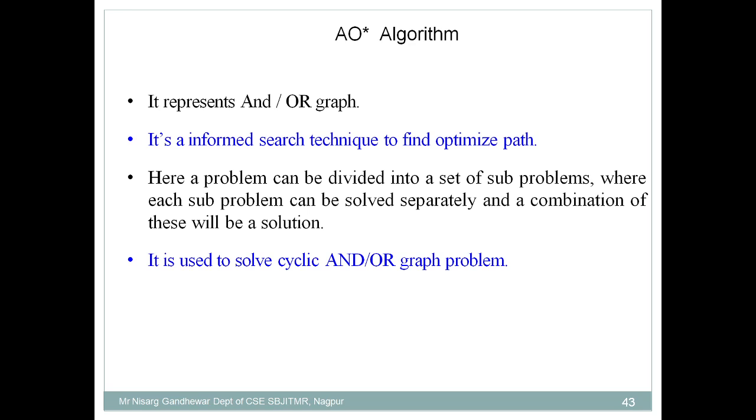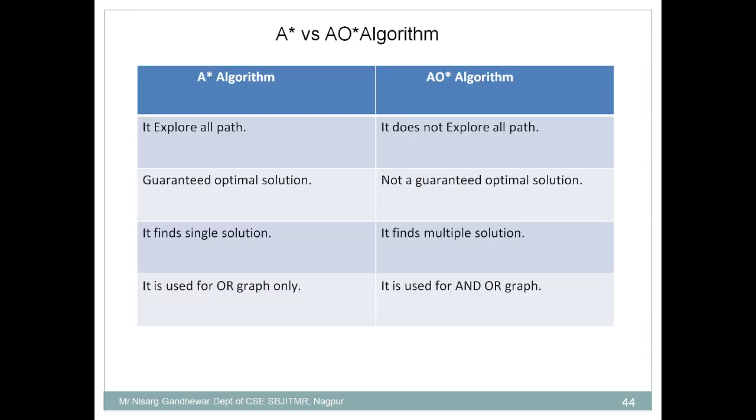And AO-star algorithm is used to solve cyclic AND OR graph problems. You cannot solve an AND OR graph problem by using A-star algorithm, so for that purpose you need to opt for AO-star algorithm. AO-star algorithm works with AND OR graph, whereas A-star algorithm works with only OR graph. Now let's understand what exactly the difference is between A-star and AO-star.